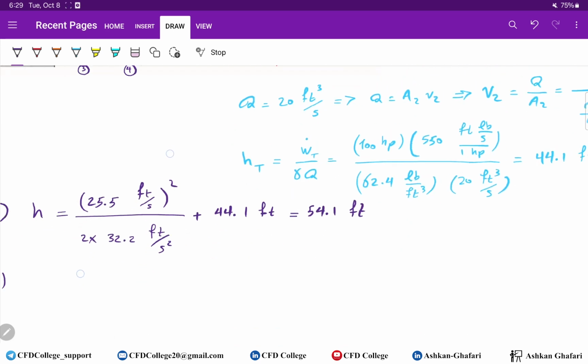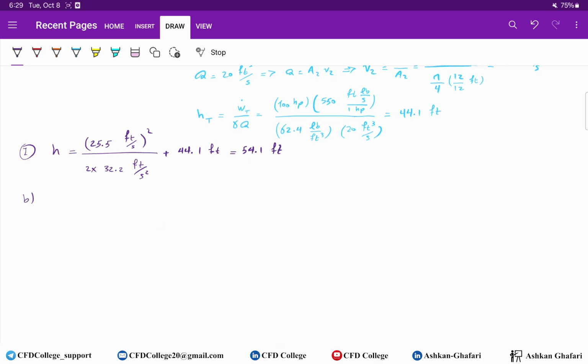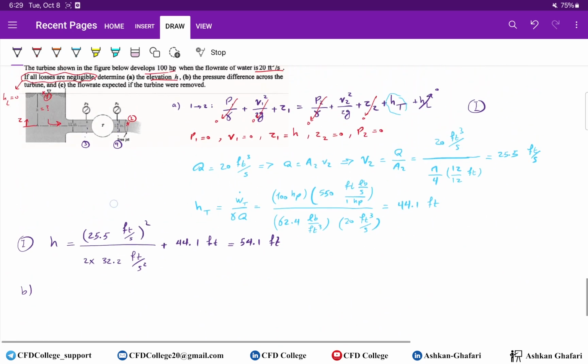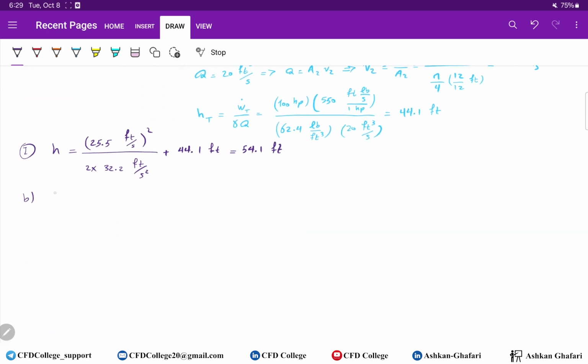So we write down the energy equation from point 3 towards point 4: P3 over gamma plus V3 squared over 2G plus Z3, there is no pump in between, equals P4 over gamma plus V4 squared over 2G plus Z4 plus head of the turbine.